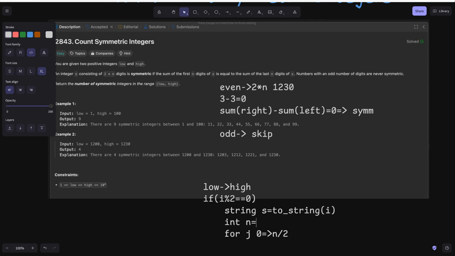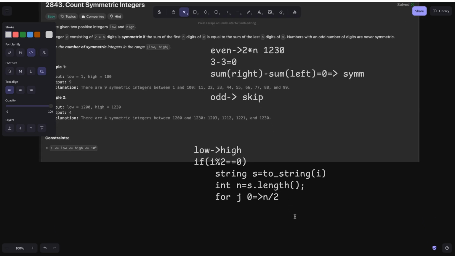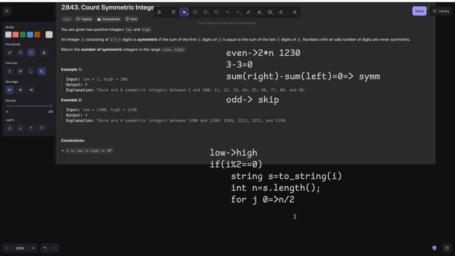So n is s.length, and then we iterate from 0 to n by 2. Now we need to take our first element and the last element. We want the sum of right minus the sum of left to equal 0.